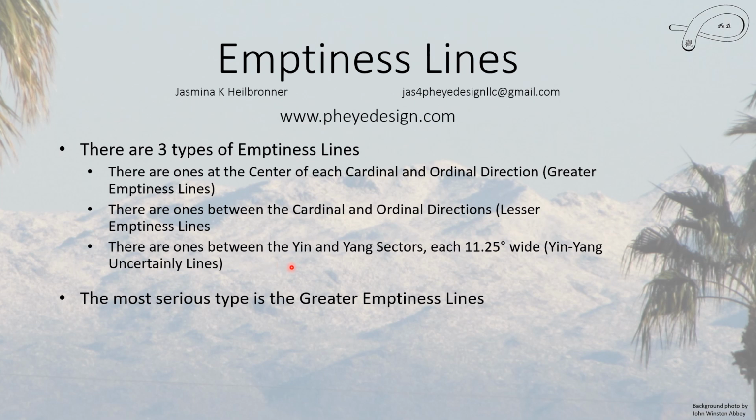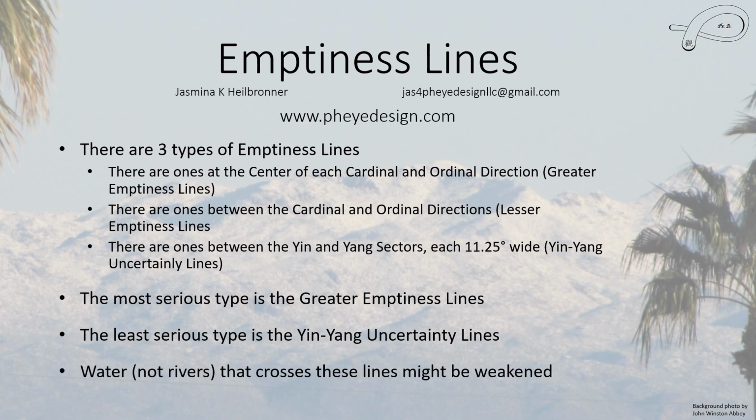The most serious type is the greater emptiness lines. If you're facing one of these, and in this case, facing and sitting is the same thing because they're always diametrically opposed on the compass. So if you're facing one of these, you don't receive qi. The least serious is the ones between the yin and yang uncertainty lines.